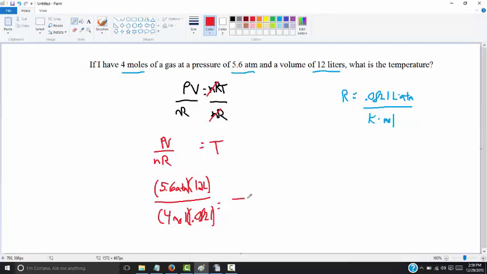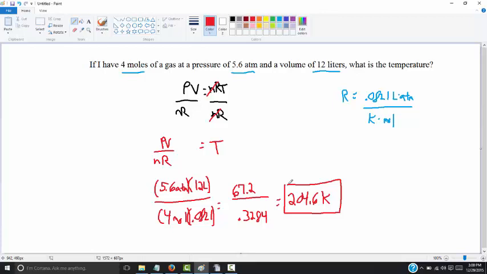That's what you have. 67.2 for the top. At the bottom, 0.3284. So 67.2 divided by 0.3284 gives 204.6 Kelvin, and that would be your final answer.